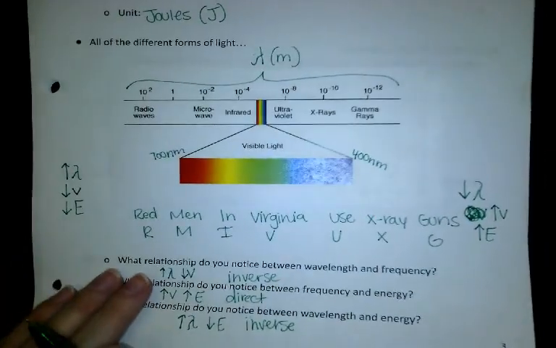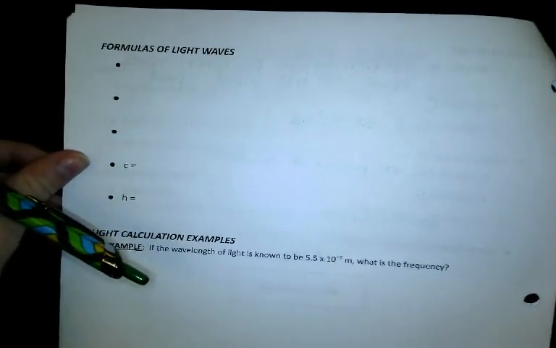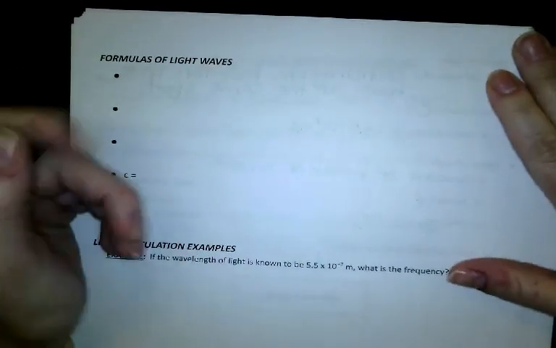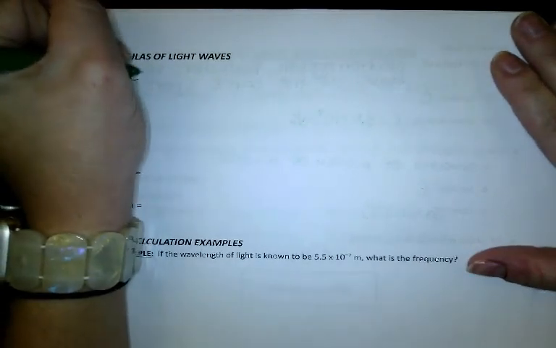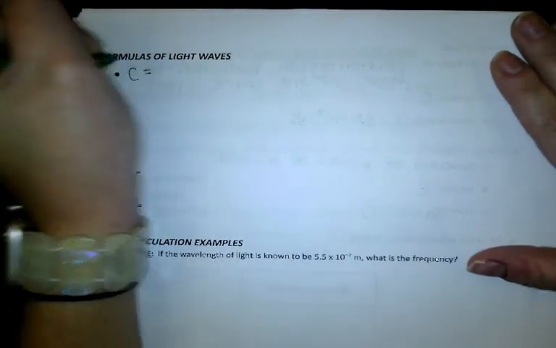Now, let's talk about some calculations with light. We have a lot of formulas that we can use to calculate light waves. Our first formula is C, the speed of light, is equal to wavelength times frequency.